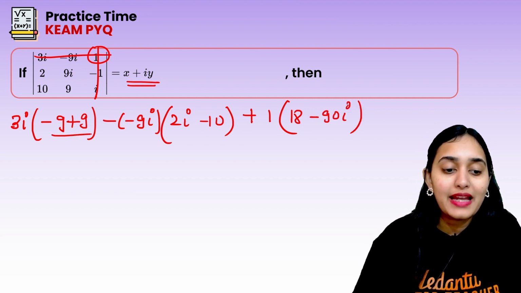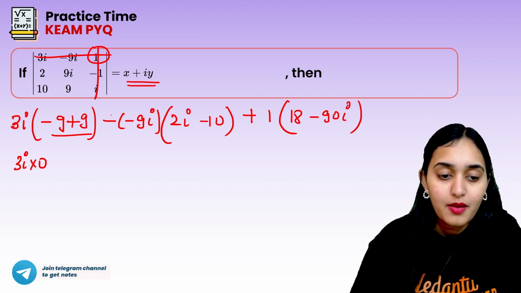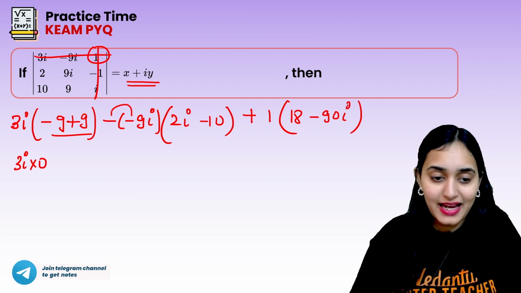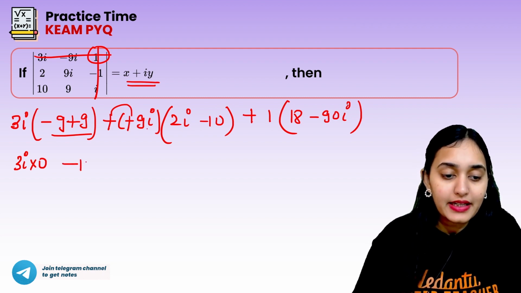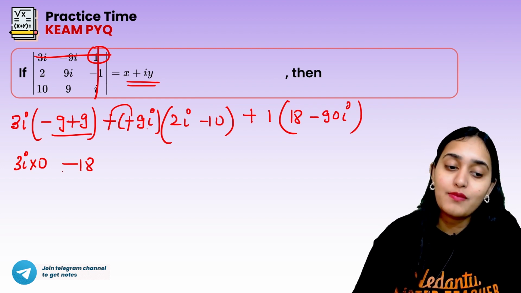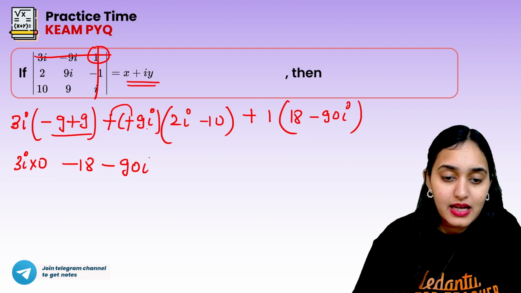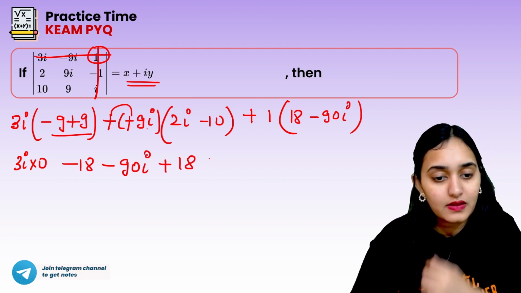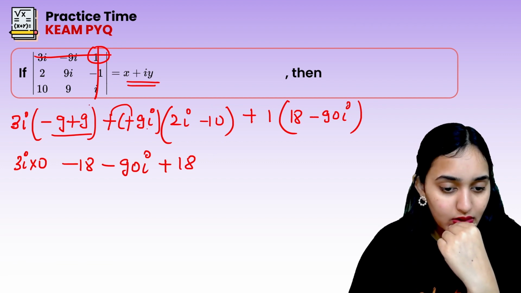Solve it. Now minus 9 plus 9 is 0. So 3I into 0. Minus of minus plus 9, so this will become plus. 9 2s are 18. I into I is minus 1, so minus 18. Then minus 90I plus 18. Wait, we are making a mistake in the sign somewhere.